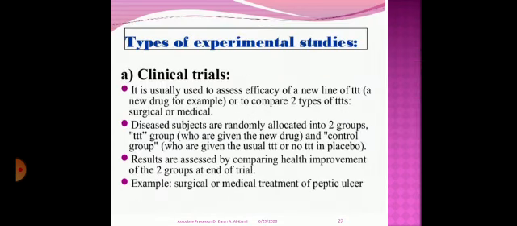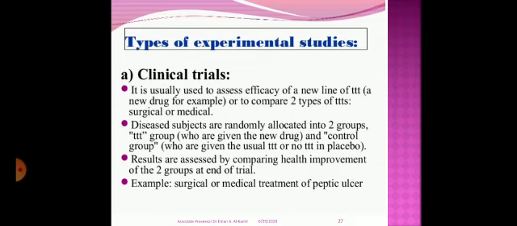There are two types of experimental studies, the first being clinical trials, which are usually used to assess the efficacy of a new line of treatment, for example, a new drug. So we take two groups. One group has the new drug and the other one has the placebo.